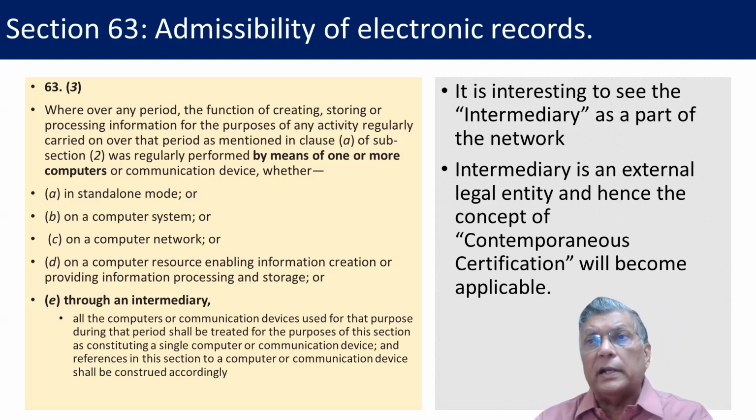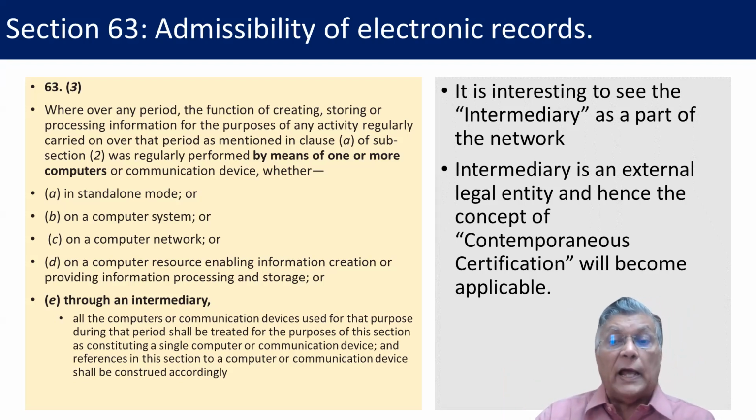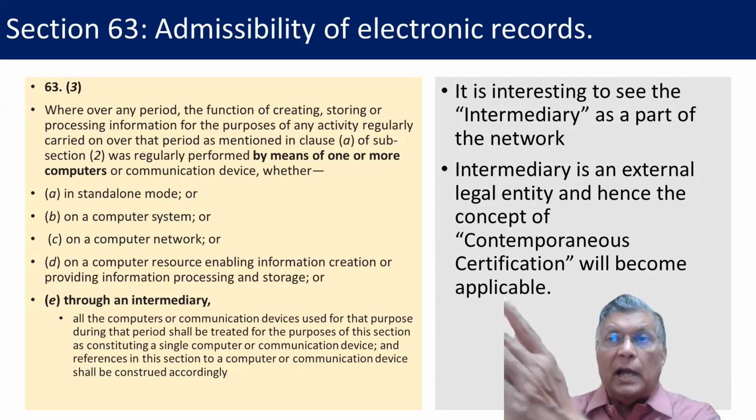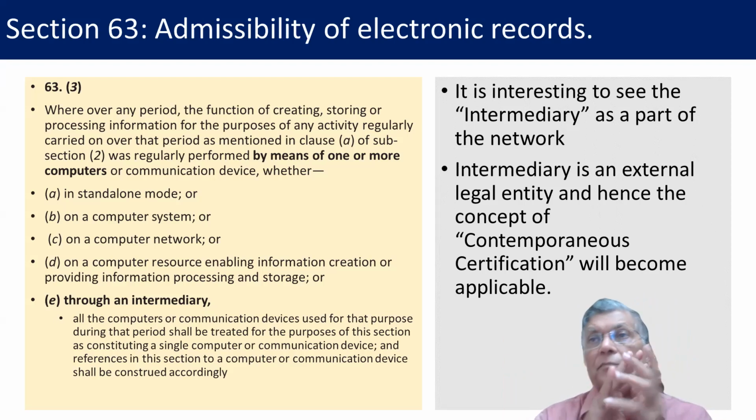The intermediary is a subcontractor, a third-party processor, and I am requesting him, please process it in a particular manner and return it to me. Okay. And then he returns it to me. Now, it should perhaps have two contemporaneous certifications, one before I send it to him and another by him before he sends it back to me.